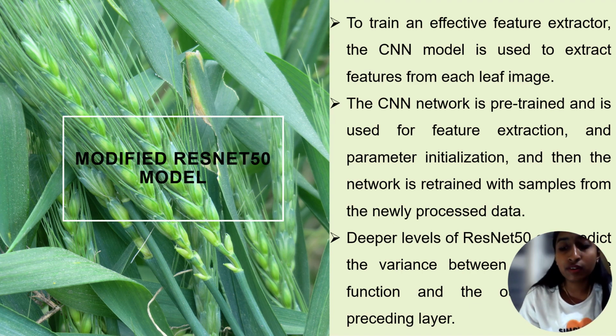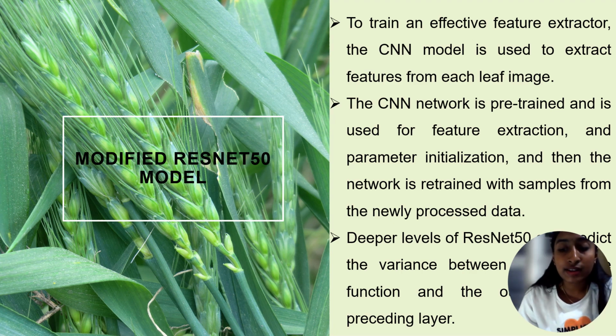The CNN network is pre-trained and is used for feature extraction and parameter initialization, and then the network is retrained with some samples from the newly processed data.